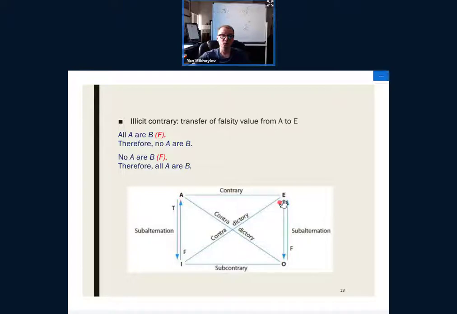Can this one be true? Yes. Can it be false? Yes. Does the rule put you into a corner? No. Therefore it is invalid, and it is illicit contrary. Right? So similarly here, if you're going the other way from "no A are B" false to "all A are B", that would again be illicit contrary.